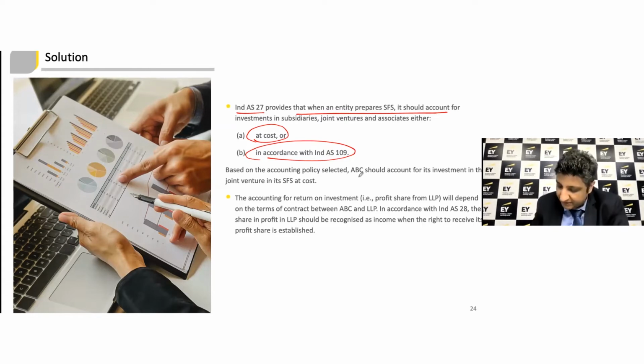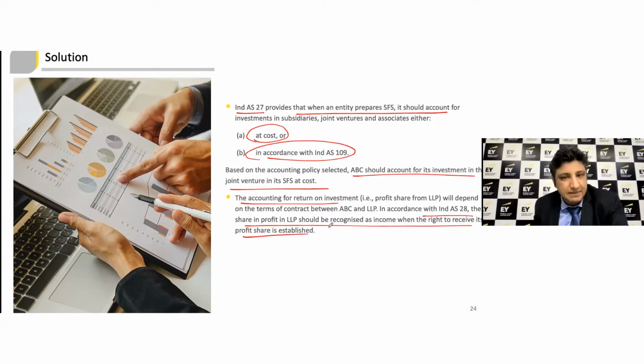Since all the investments are shown at cost, there's no choice but to show it under the cost model only. The return would be recognized when the right to receive the profit share is established.